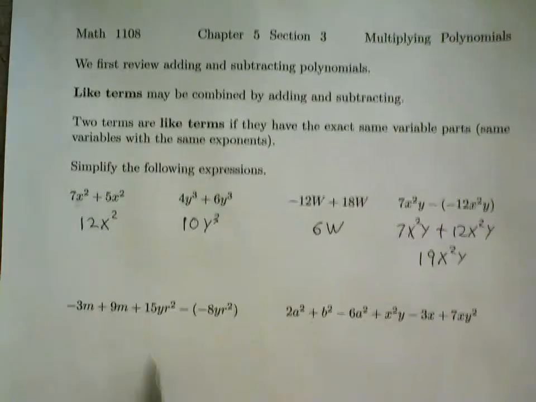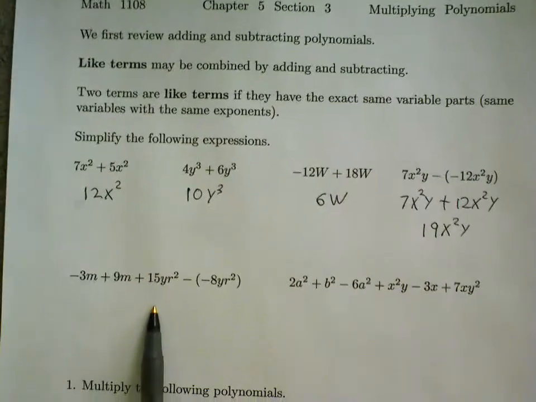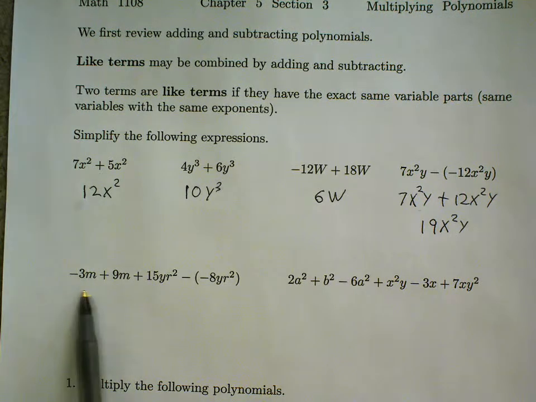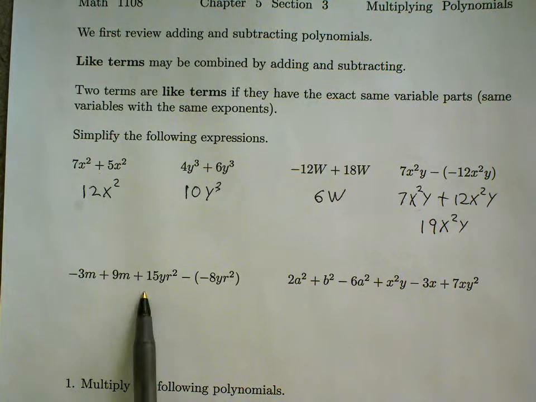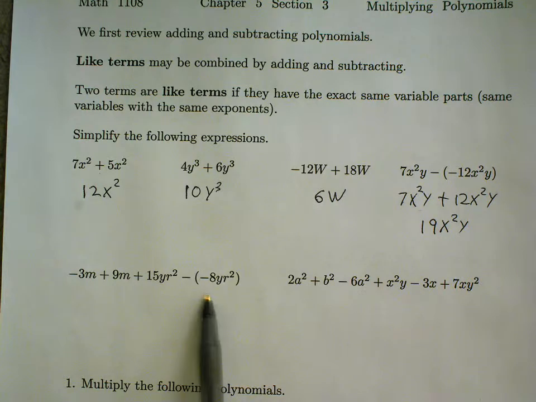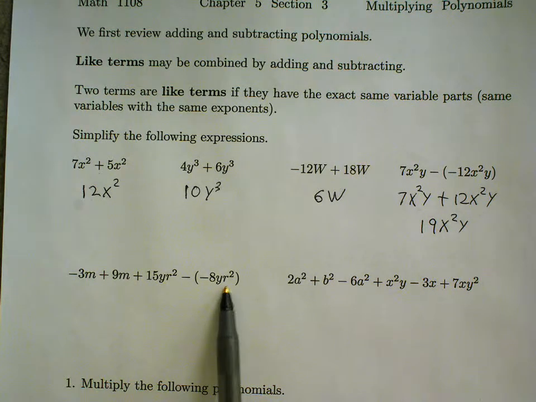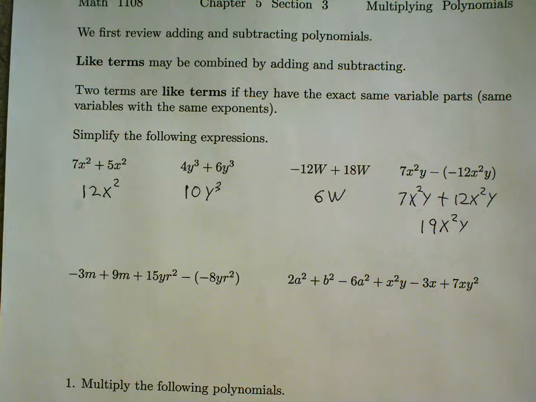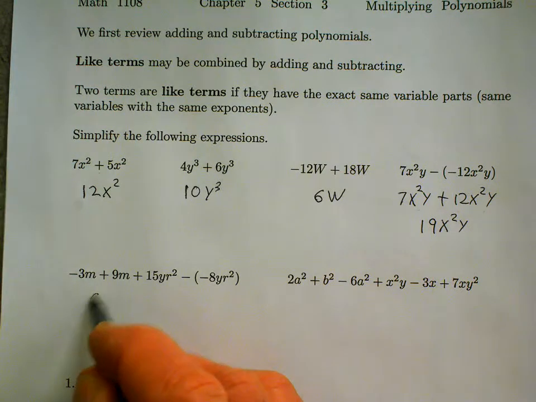Okay, the next one, we have negative 3m plus 9m plus 15yr to the second minus negative 8yr to the second. In the first step, we can go ahead and add the negative 3m to 9m. Those are like terms, so we get a total of positive 6m.